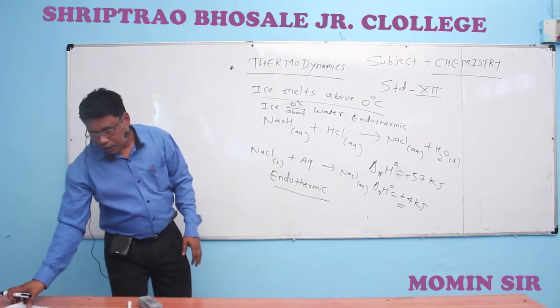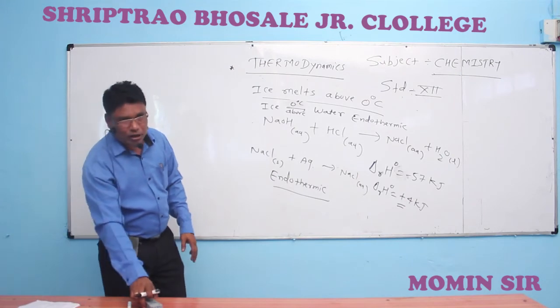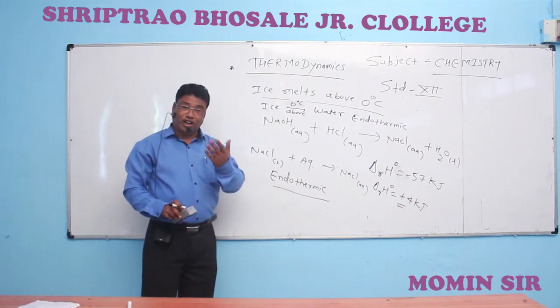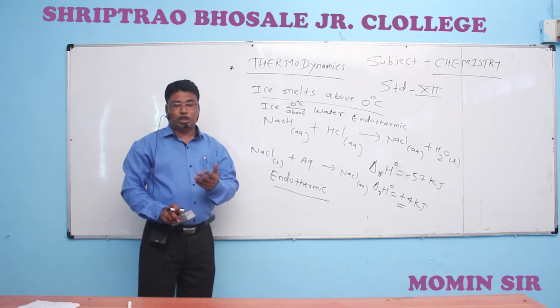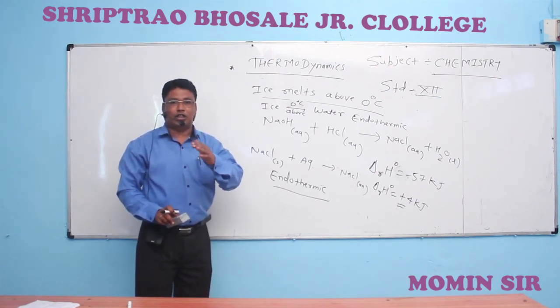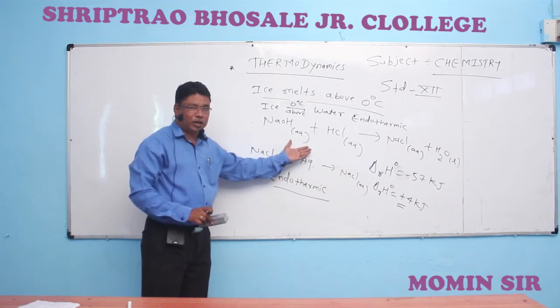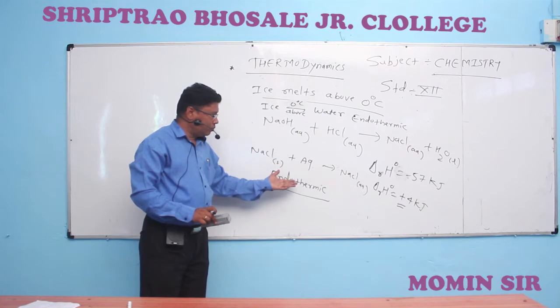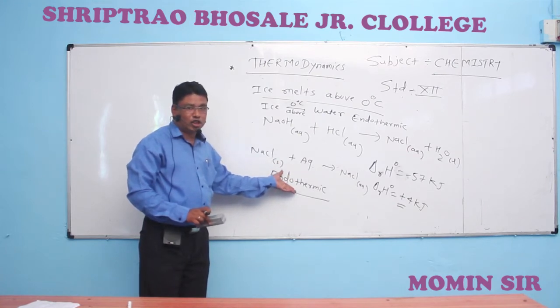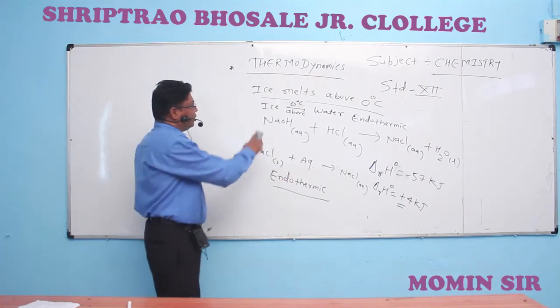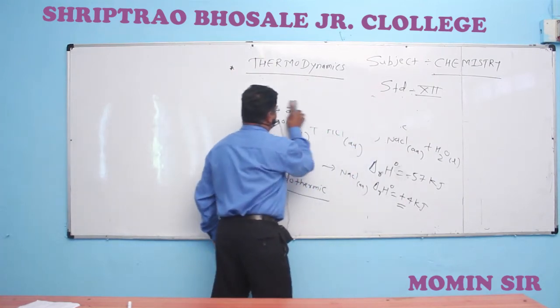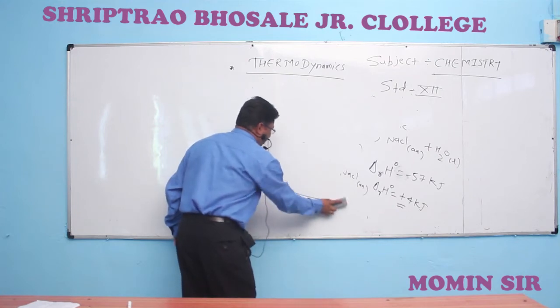That's why another criteria is given in thermodynamics to decide the spontaneity of the reaction. Energy is not the only criteria, because not only exothermic reactions are spontaneous, but endothermic reactions are also spontaneous.